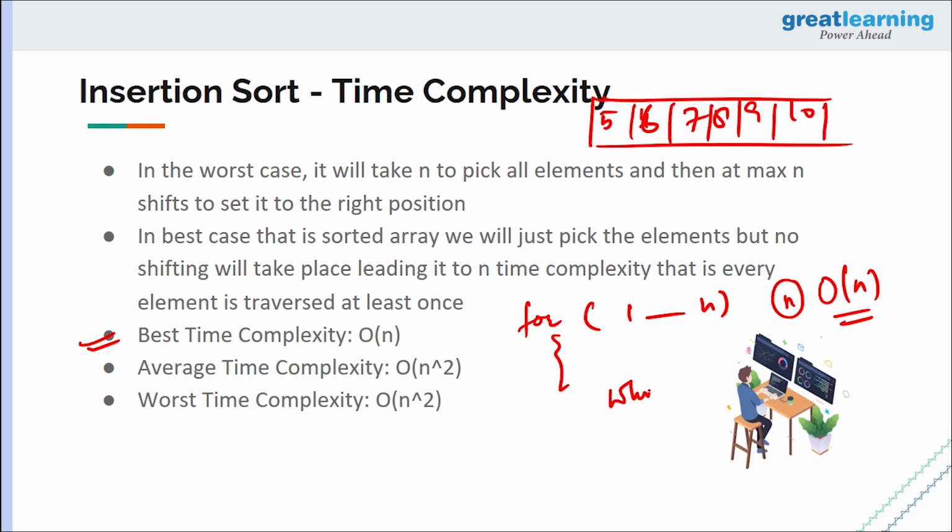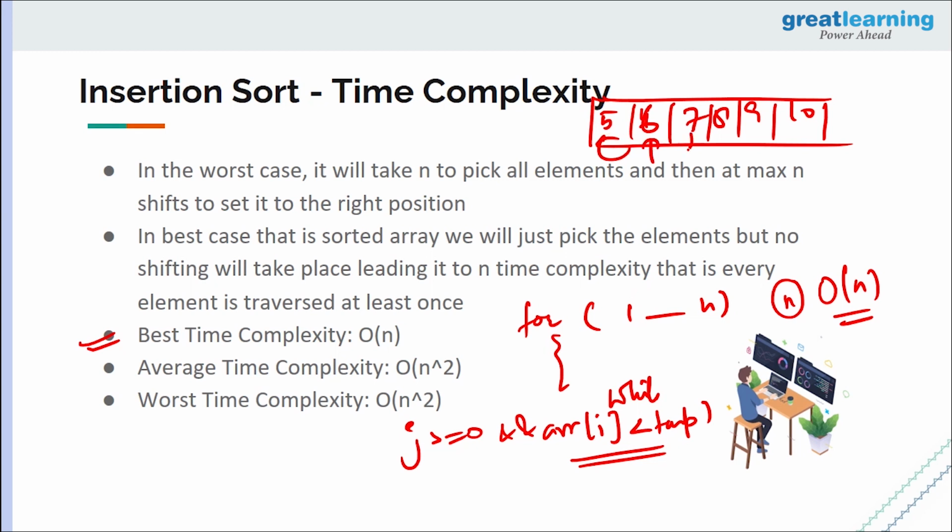But in this while loop, wherein we were checking if j is greater than or equal to 0 and if AR of j is greater than key, in that case this will never be executed, because AR of j will always be less than the key. Why? Because we are checking if this 6 is less than 5.